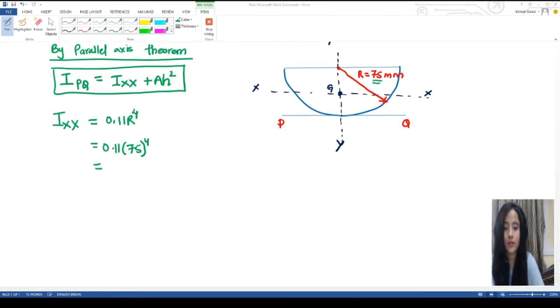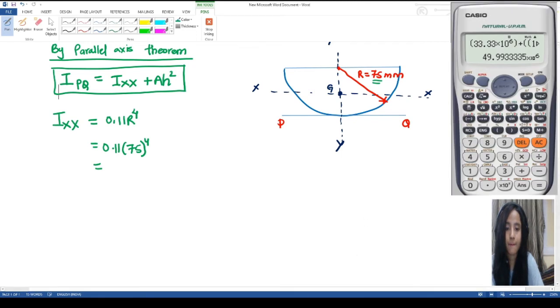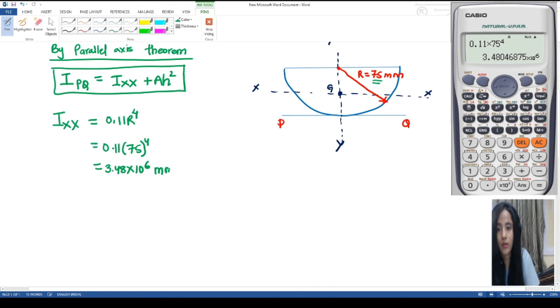Let us solve it in a calculator. 0.11 into 75 raised to power 4. So this is coming equal to 3.48 into 10 raised to power 6 mm raised to power 4. So this is my moment of inertia about IXX axis for a semicircular section.